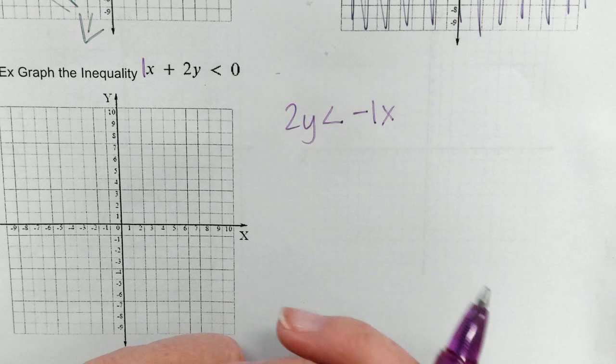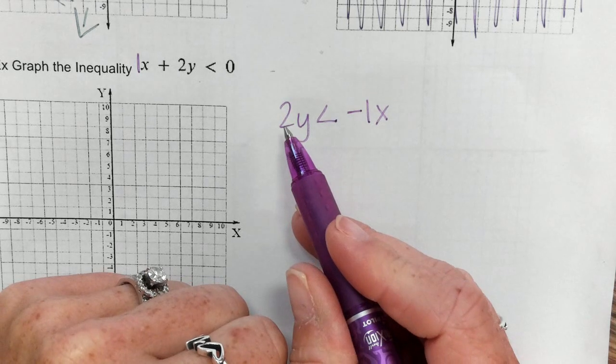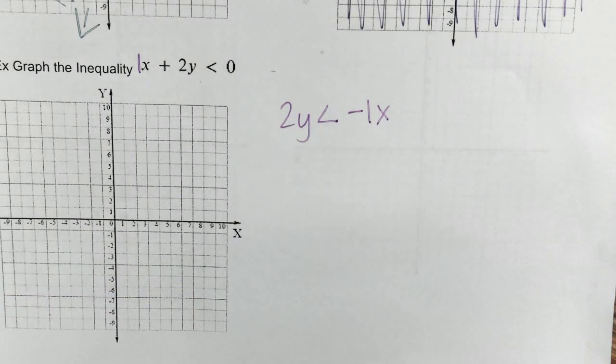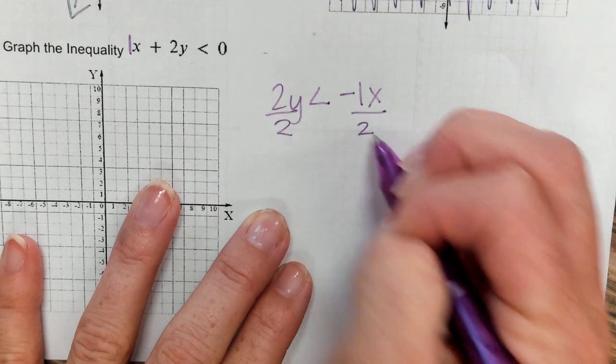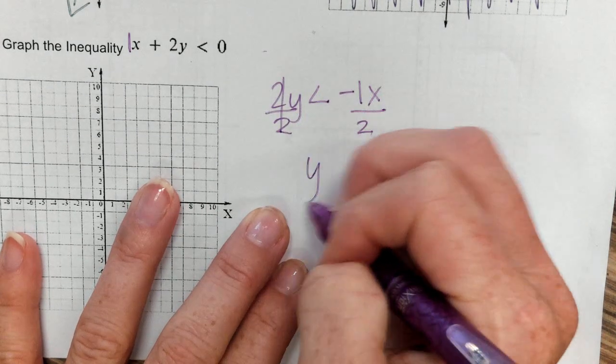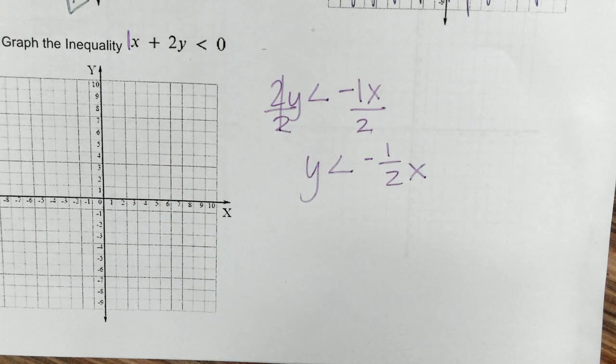What does the rule say? If I divide both sides by a negative, is that a negative? So if the coefficient of y is negative, the sign flips. The coefficient is not negative. I'm going to divide both sides by positive 2. So I have y is less than negative 1/2 x plus 0. Do y'all want to do this one in the calculator or by hand?